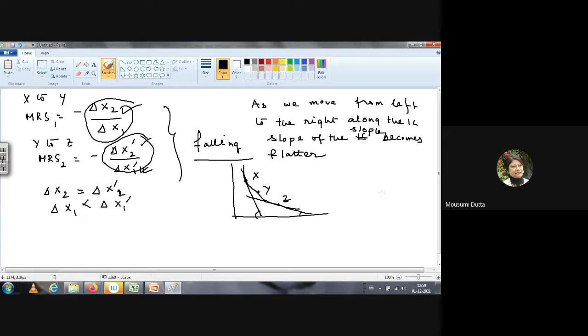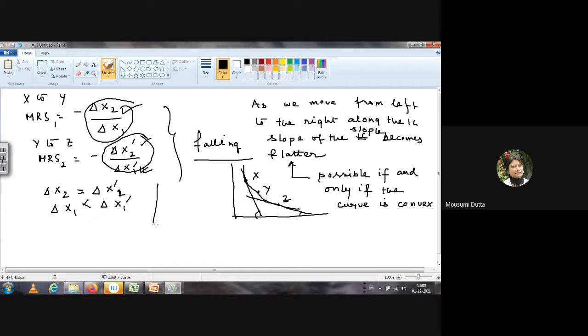Now this particular thing is possible if and only if the curve is convex.